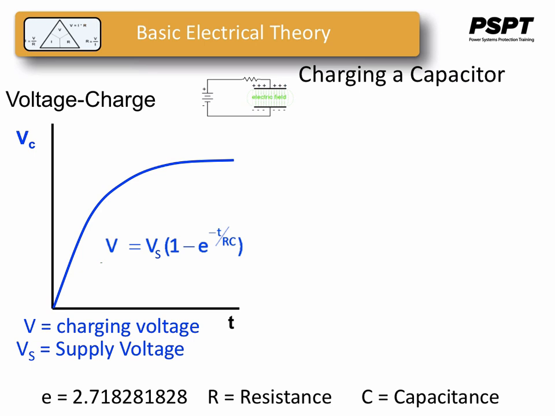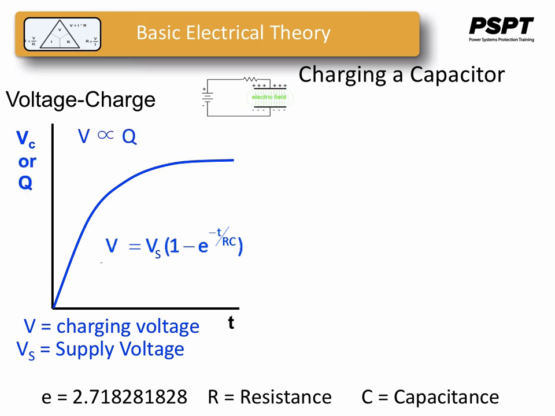You can see that at time equals 0, e to the minus 0 is 1, therefore V is 0. At infinity, after a long period of charging, e to the minus infinity is 0. So the voltage across the capacitor just equals the supply voltage, which is kind of intuitive anyway. We knew that at the beginning.